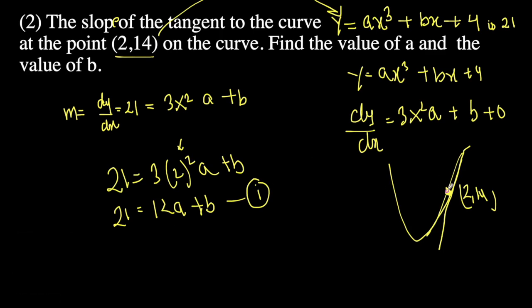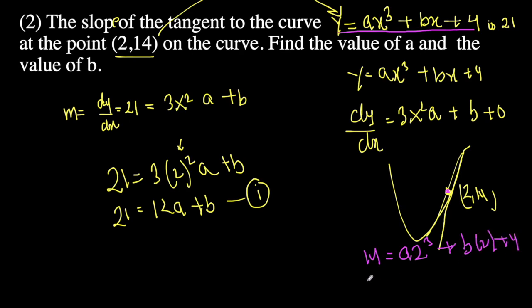You understand why we can put this point in this curve, because this point is on the curve. So let's write that also. y is equal to 14, so 14 equals a times 2 cube plus b times 2 plus 4.